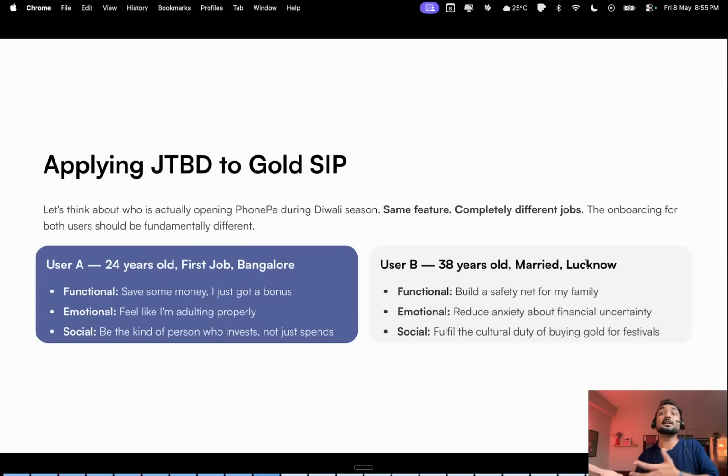What is persona 2? Imagine a 38, 40-year-old person who is married and responsible, ठीक है, but living in a tier 2 city. I did not take the 24-year-old person's persona in tier 2 because generally I know that younger people, 24, 28-year-olds, living in tier 2, 3 cities may still be struggling in their careers, right?